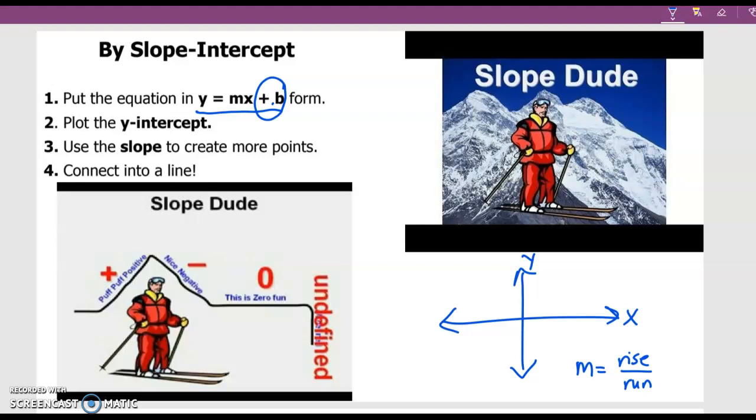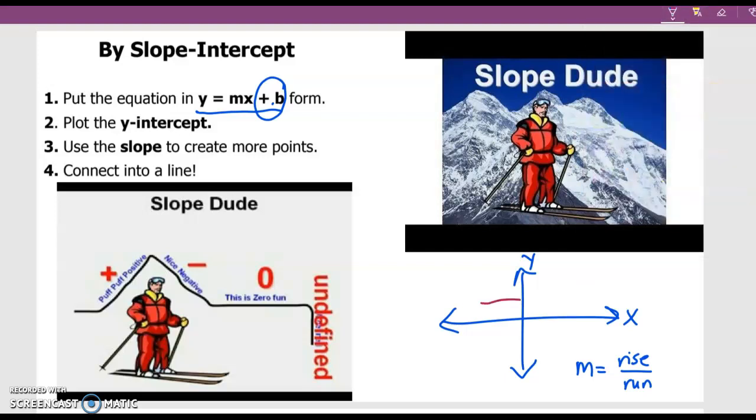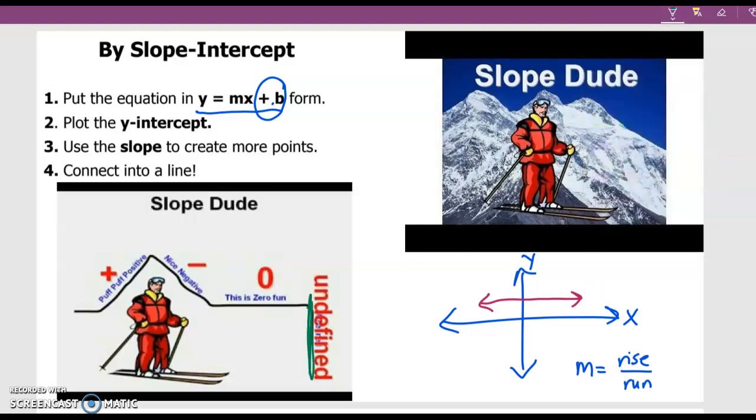Now, if you're skiing and you have to go across this way, that does not look like fun. That would be a lot of hard work. We'll say this is zero fun. That's a silly way of saying if you had a horizontal line, so if I had a graph here and a line going like this, my slope is 0. If instead you have a vertical line going up and down like this, the slope is actually undefined.